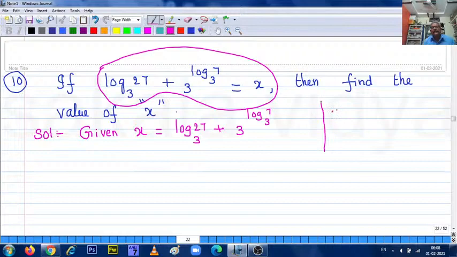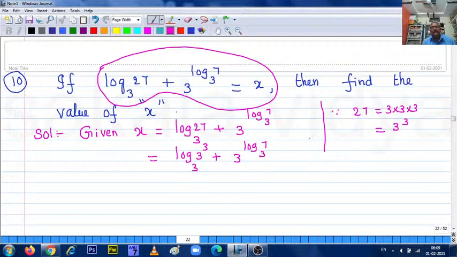So first, this 27 can be written as 3 cube, 3 into 3 into 3. Am I correct? 3 cube. So in this step we can write log 3 cube to the base 3 plus 3 to the power of log 7 to the base 3.